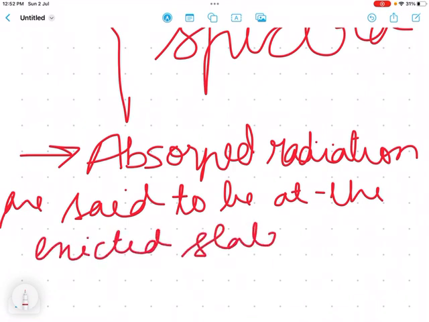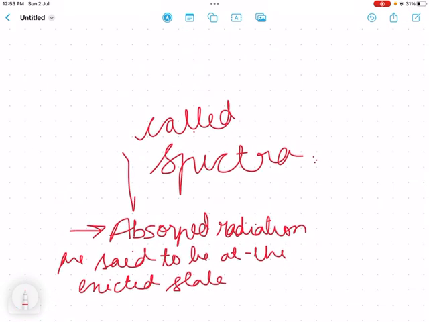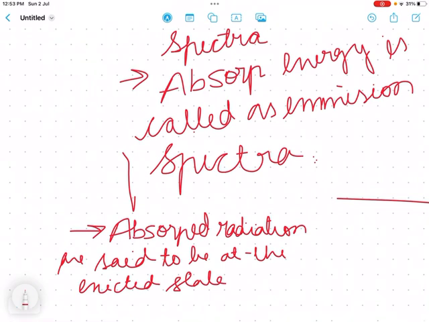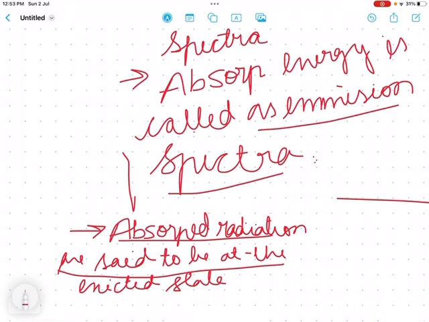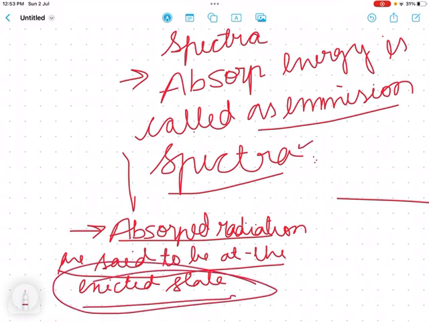As I said, the spectrum of radiation emitted by a substance that has absorbed energy is called the emission spectrum, and the absorbing substances are said to be in the excited state. That is a very, very important point.